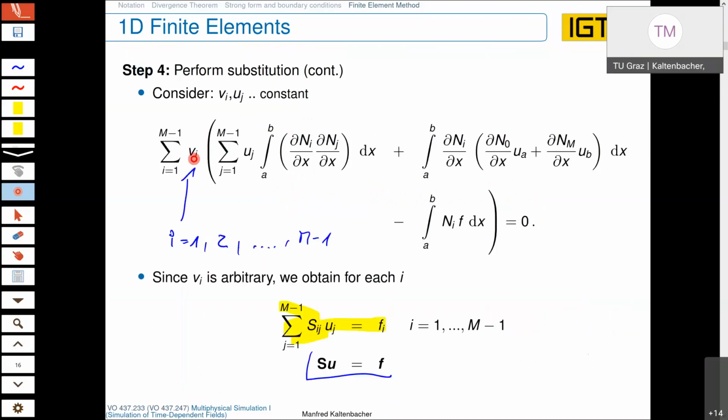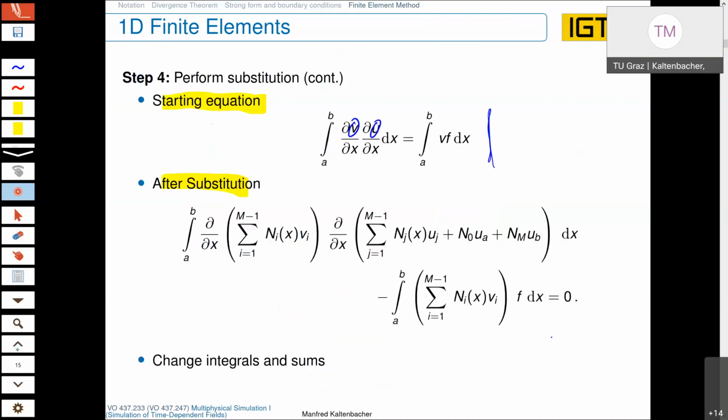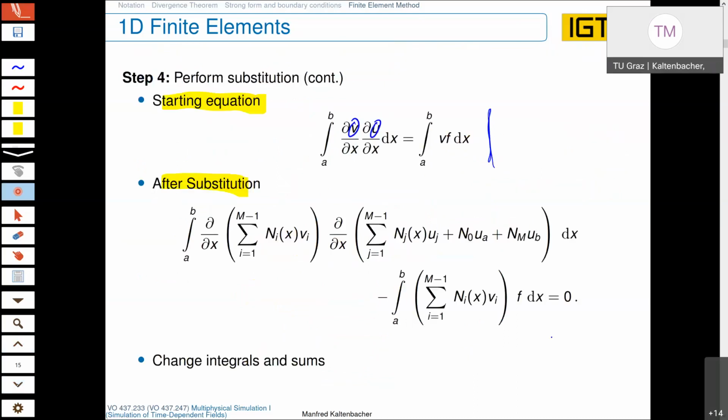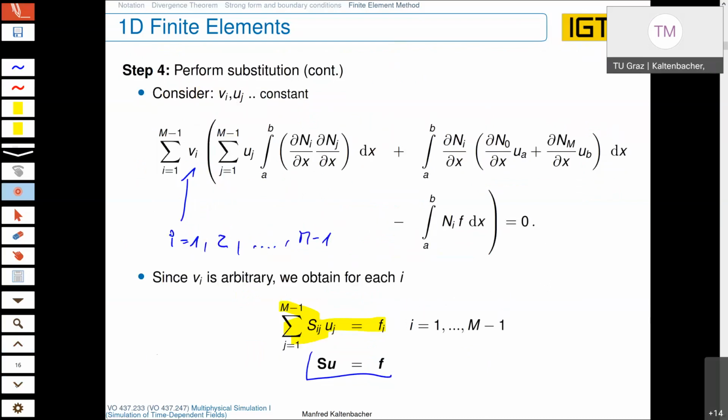Exactly. So as I have told you, we will have m-1 equations. The first equation is just multiplied by v1, but we are not interested in the coefficient of our approximation for the test function. I go here back. So this we can also name as a coefficient at all the finite element nodes for our test function, and we are not interested. We are interested in the physical quantity. Exactly. Okay.